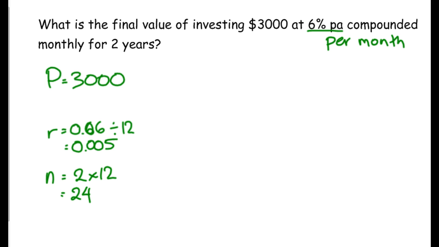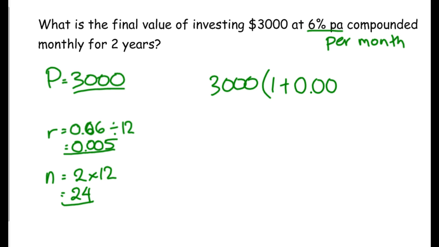So you've got to think, how many times is this account going to be compounded if it's done every month for 2 years? Right, so now I have my numbers. Let's use our formula. So that's 3,000 bracket 1 plus 0.005 to the power of 24. That gives 3,381.48.